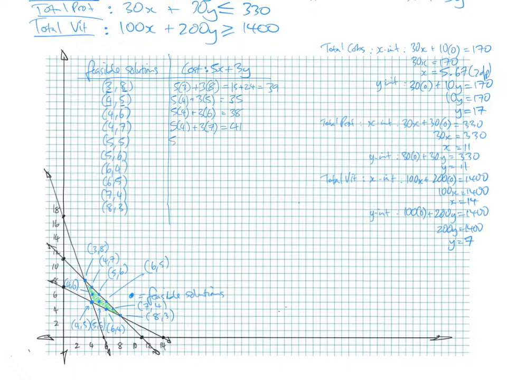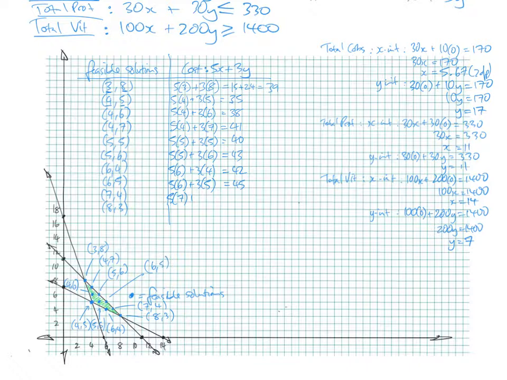So going higher again. 5 lots of 5 plus 3 lots of 5, 25 plus 15, 40. 5 lots of 5 plus 3 lots of 6, 25 plus 18, 43. 5 lots of 6 plus 3 lots of 4, 30 plus 12 is 42. 5 lots of 6 plus 3 lots of 5, 30 plus 15 is 45.